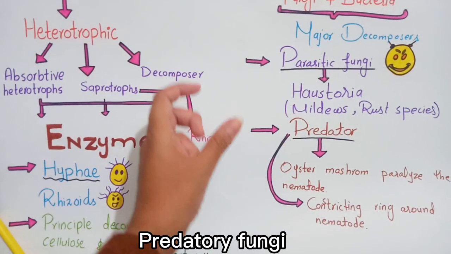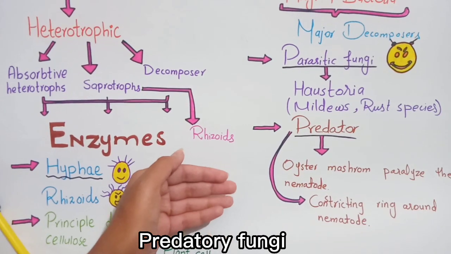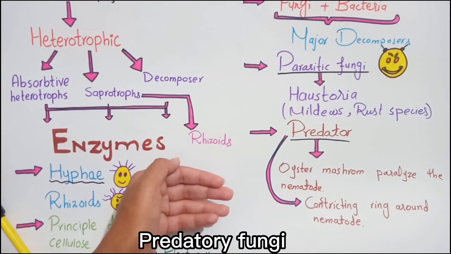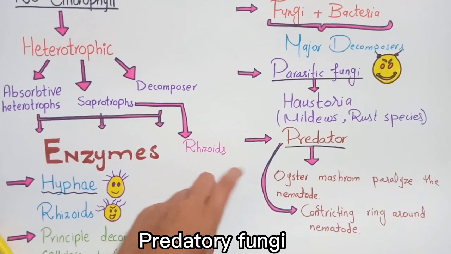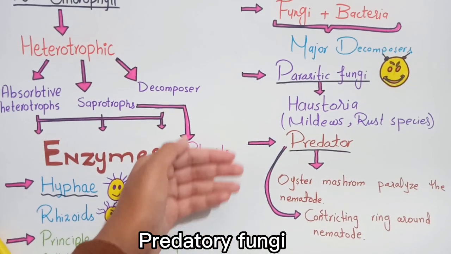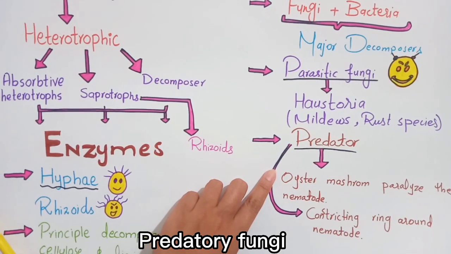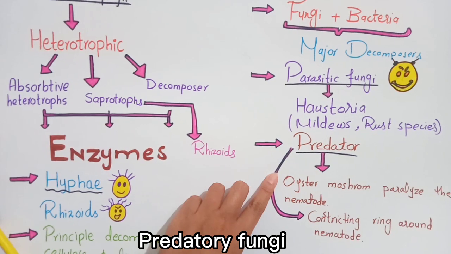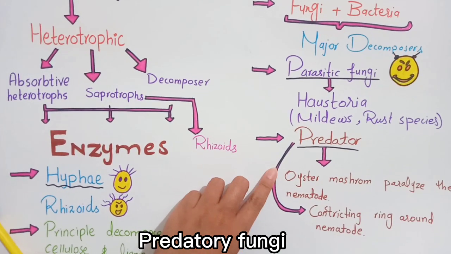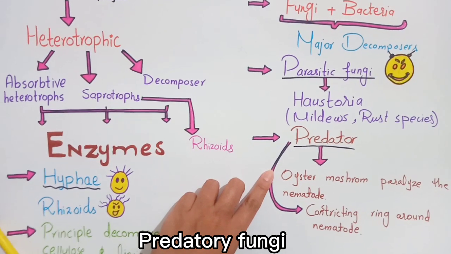It penetrates the wall of the nematode and then absorbs its nutritional content, primarily to fulfill its nitrogen requirement. And the oyster mushroom fulfills its glucose requirement by breaking down wood. So it is very clever. Its nitrogen requirement is completed by killing or penetrating the wall of a poor nematode, which is a roundworm, and it also fulfills its glucose requirement by breaking down wood.